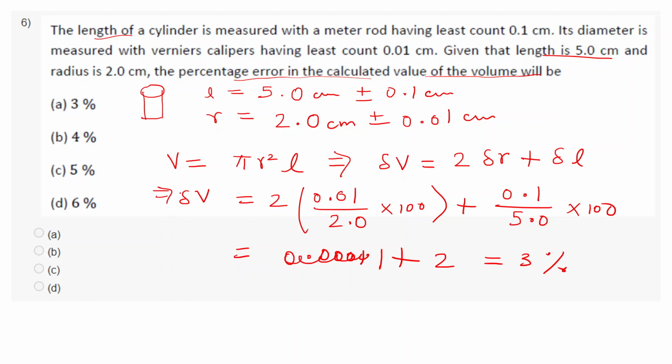So the percentage error in volume for this particular problem is 3%. Okay. Next question.